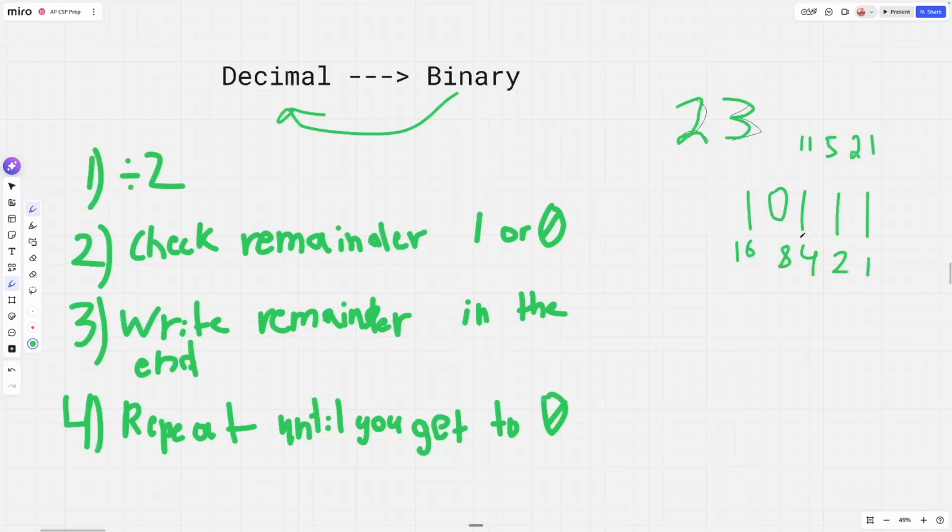So whenever you have a 0, you just don't count that number in the calculation. So it'll be 1 plus 2 plus 4 plus 16, which is 23. So that's how you convert from decimal to binary and the other way around. I think that's the most straightforward way to do it.